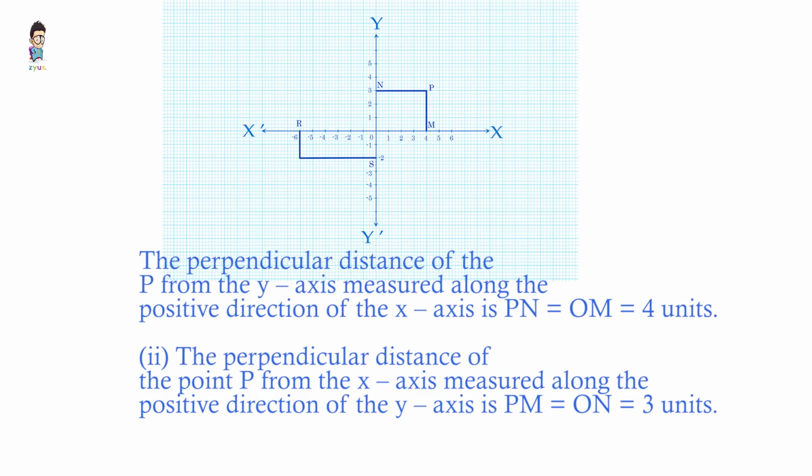We can find that the perpendicular distance of the point P from the y-axis, measured along the positive direction of the x-axis, is PN equal to OM equal to 4 units. Similarly, the perpendicular distance of the point P from the x-axis, measured along the positive direction of the y-axis, is PM equal to ON equal to 3 units.